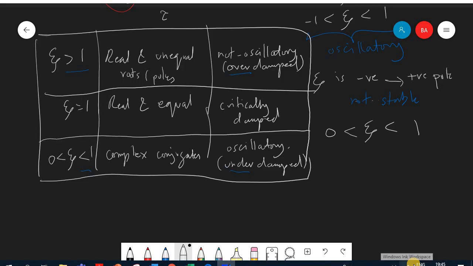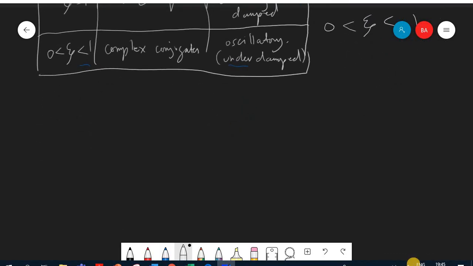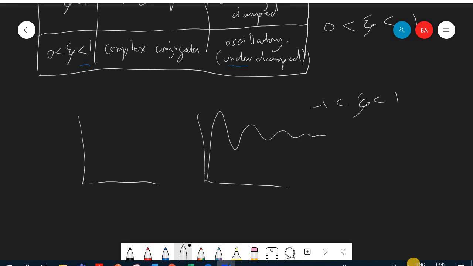If you look at our system here, we already said that Xi is going to be oscillatory between minus 1 and 1. I'm just showing you that if it's from 0 to 1, it is oscillatory, which does something like that.